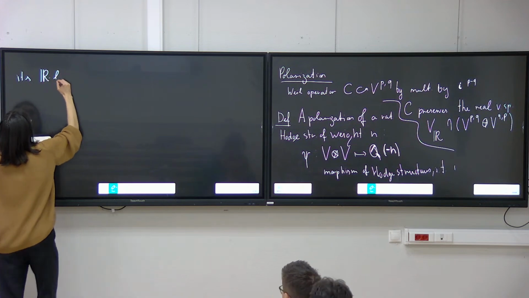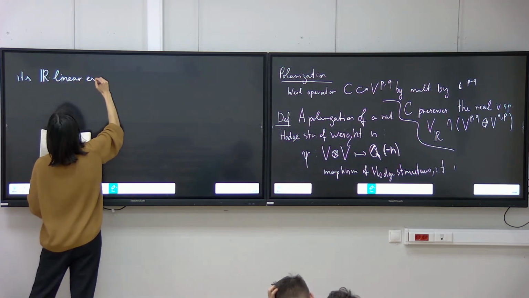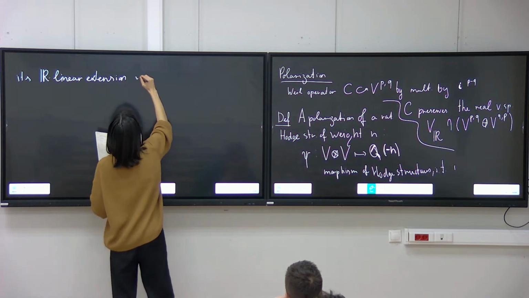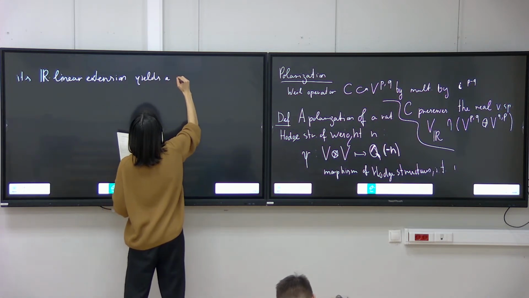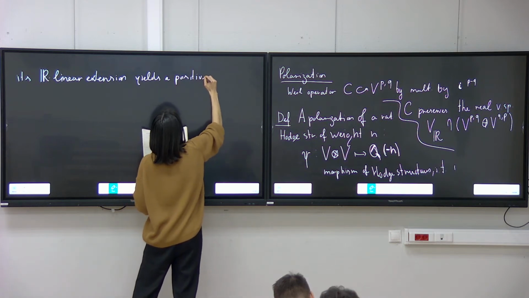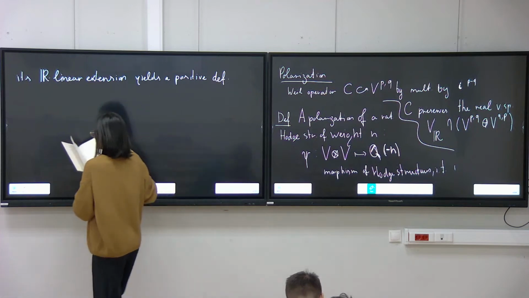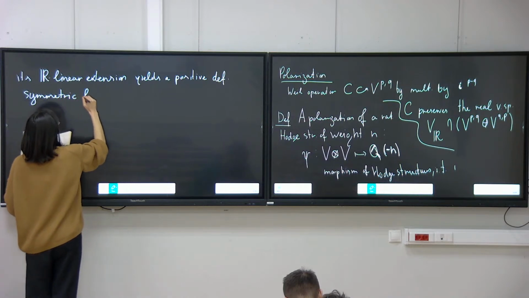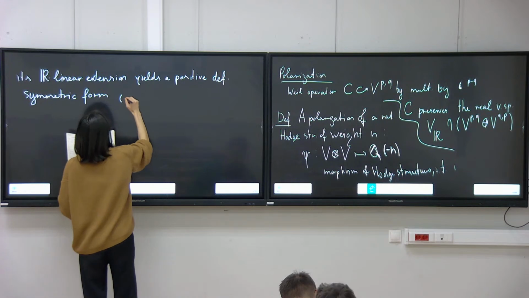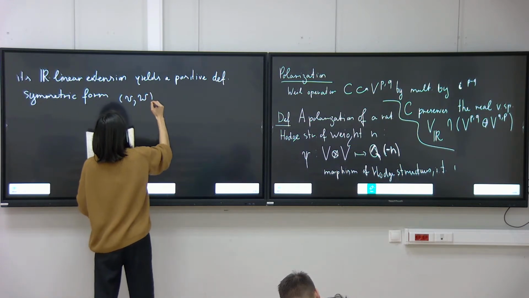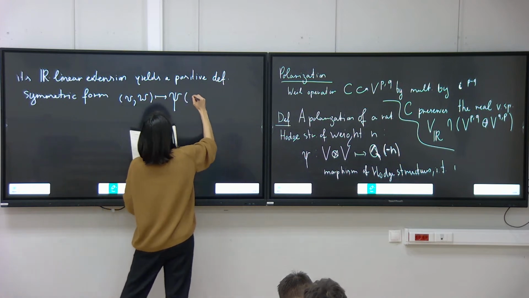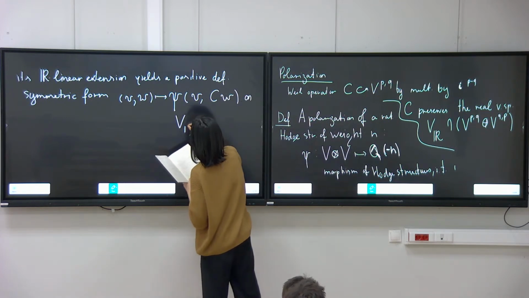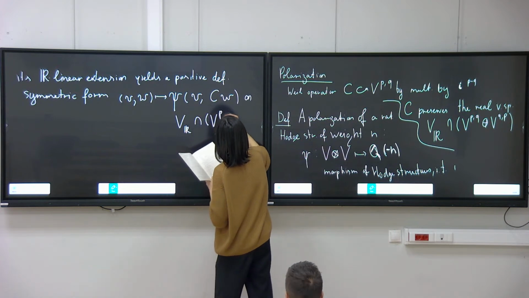its R-linear extension, with the Weil operator, maps to a form on V_R intersected with V^{p,q}.